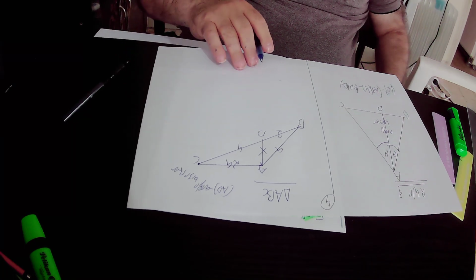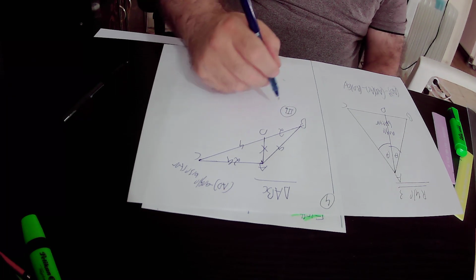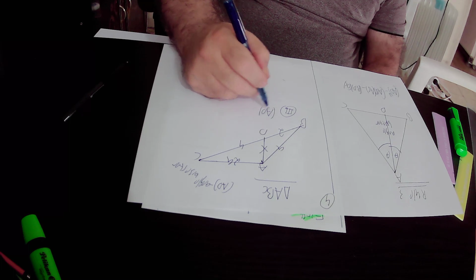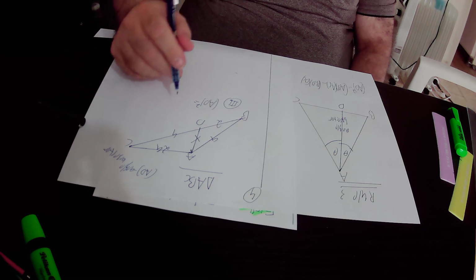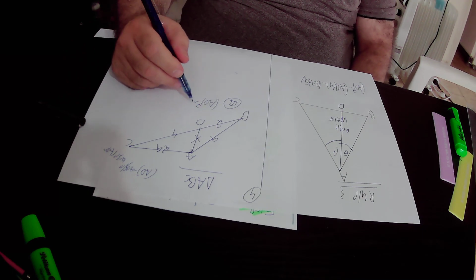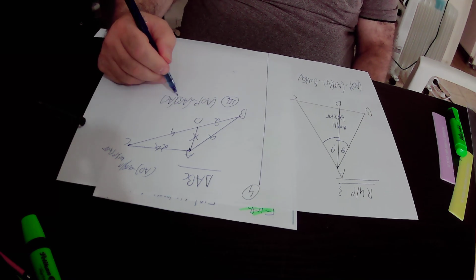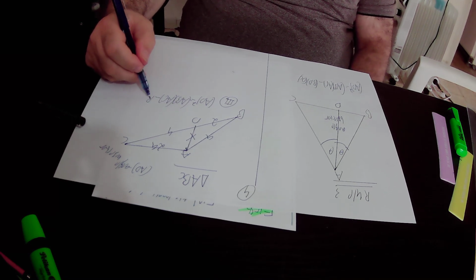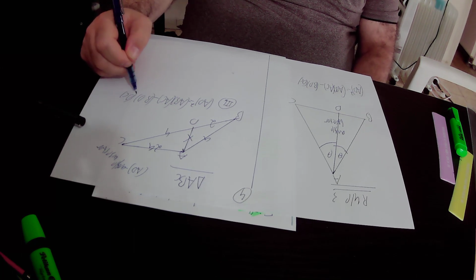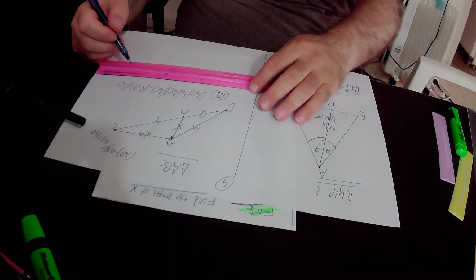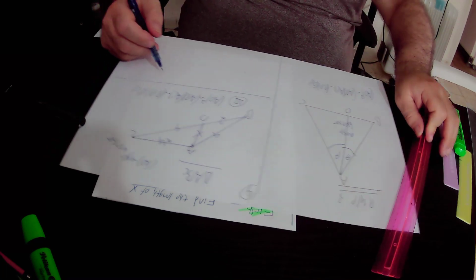And according to rule number 3, this will be equation number 3: AD squared equals AB times AC minus BD times DC.